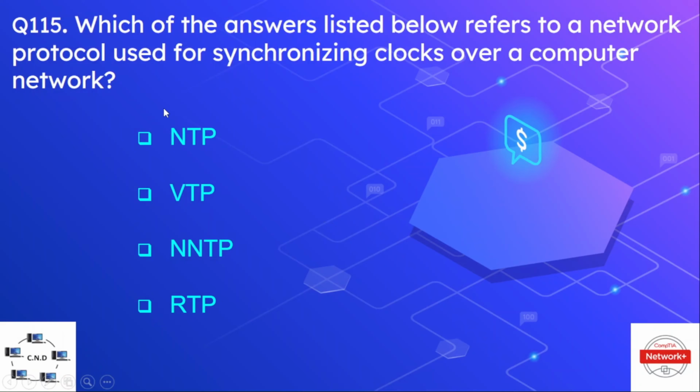Question number 115 is that which of the answers listed below refers to a network protocol used for synchronizing clocks over a computer network? And the options are NTP, Network Time Protocol, VTP, NNTP, or RTP. And the correct option is NTP, Network Time Protocol. So NTP is used to synchronize clocks of different devices on a network.